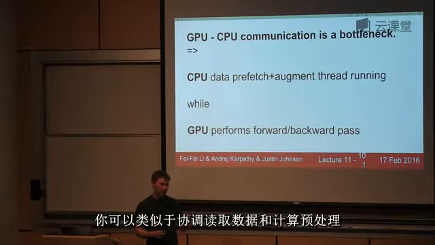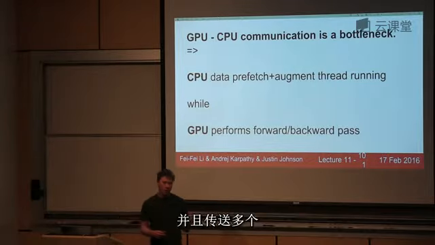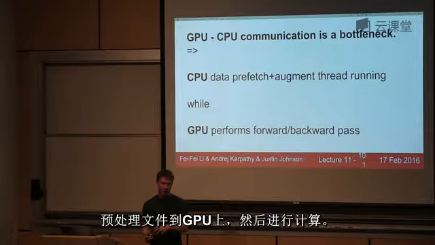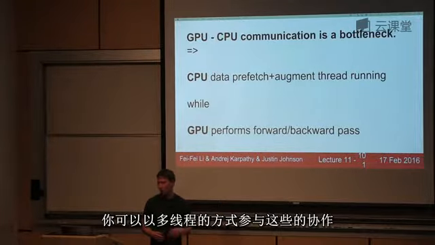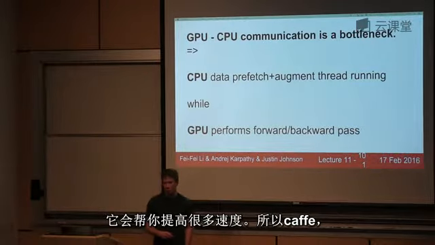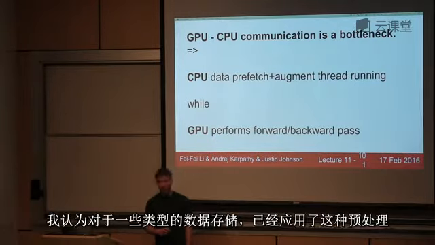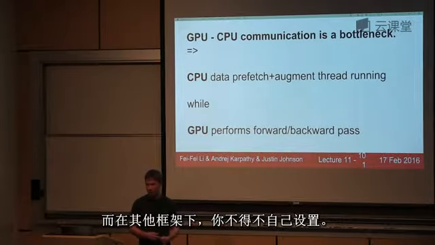So you can coordinate this loading of data and computing preprocessing and shipping mini batch data to the GPU and actually doing the computations. And actually, you can get pretty involved with coordinating all these things in a multi-threaded way. And that can give you some good speed-ups. Caffe in particular, I think, already implements this prefetching data layer for certain types of data storages. And in other frameworks, you just have to roll your own.